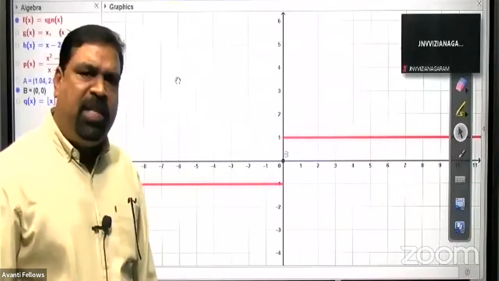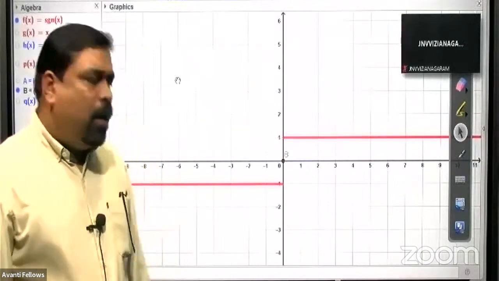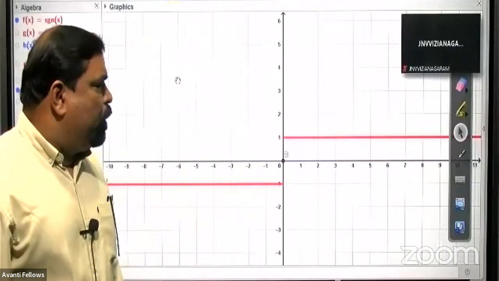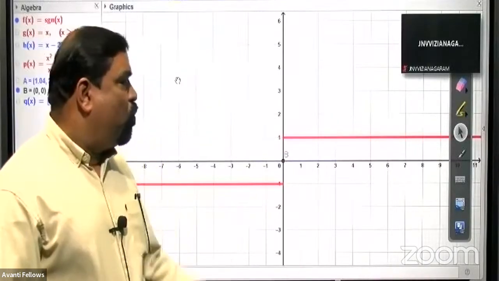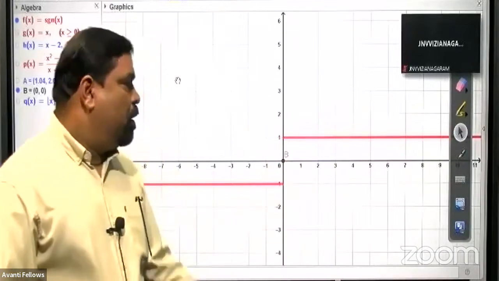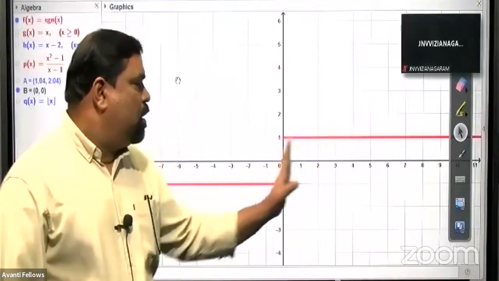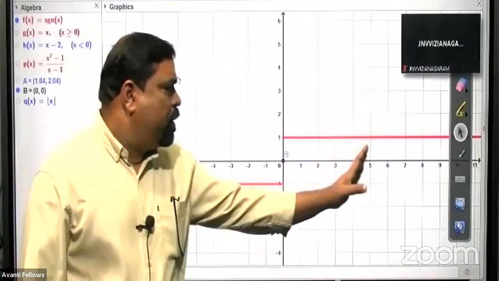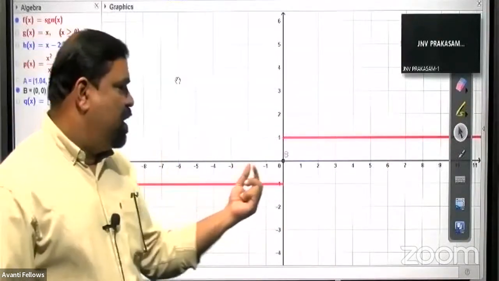What is the definition of the Signum function? Sorry, f of x equal to 1 when x is greater than 0. X greater than 0 means just the right side of 0, the function is always 1. And for values of x less than 0, the function is always negative 1.